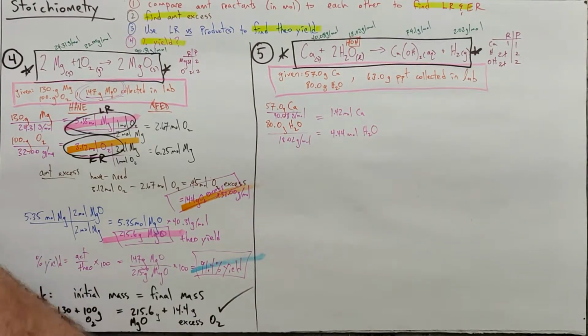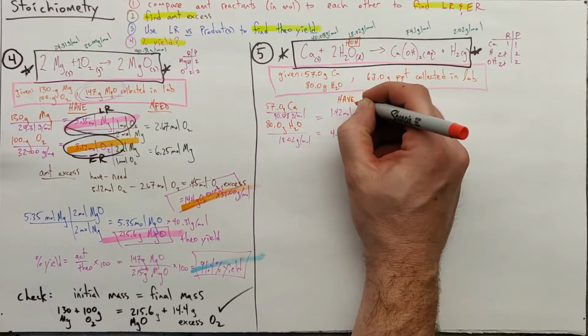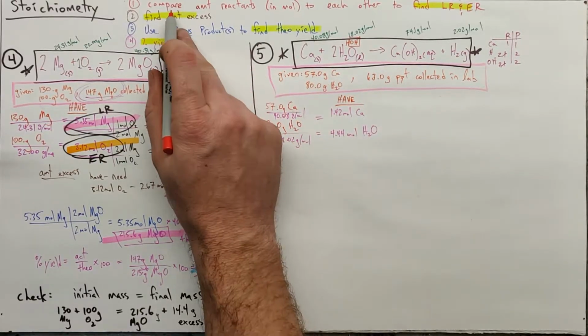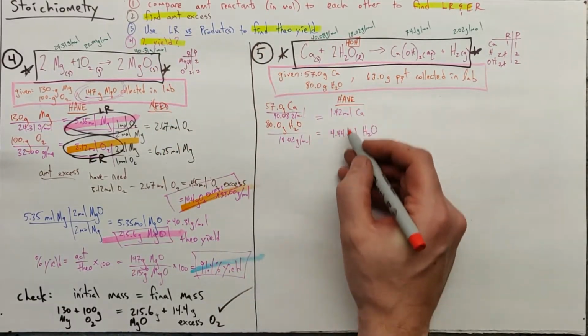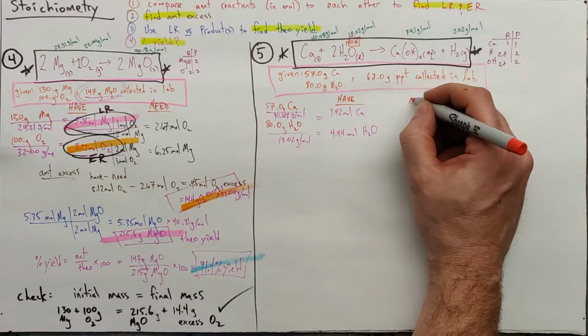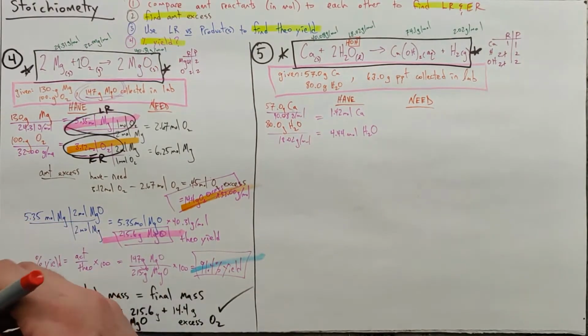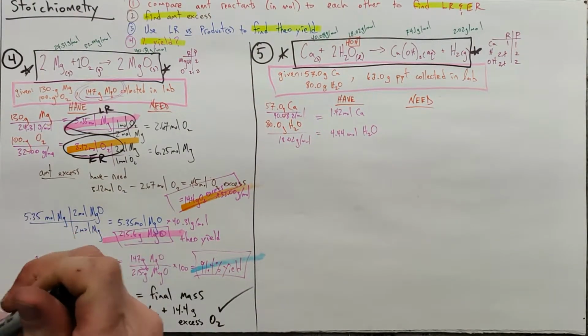As we are labeling things to be very careful with our bookkeeping, this is what I have. If you look, amounts that we have in moles, there they are. And we're trying to find out what we need so we can come up with our limiting reactant and our excess reactant.